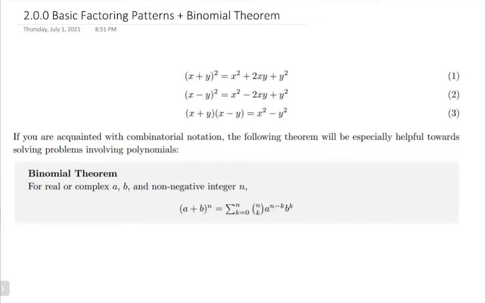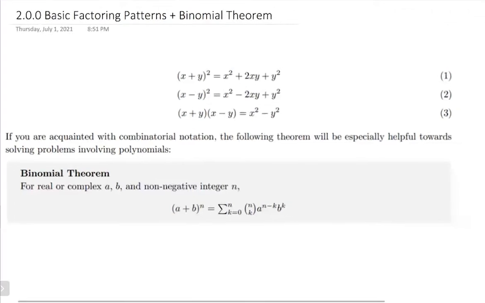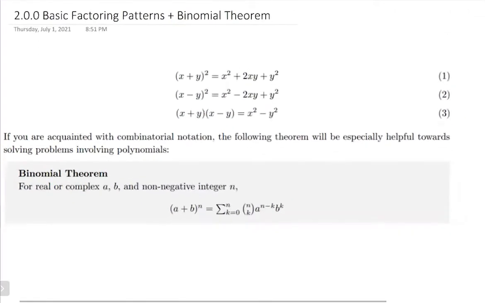So let's do a really quick example. Let's try to do x plus 1 cubed. If you don't know what x plus 1 cubed is off the top of your head, you can use the binomial theorem. So you have a is equal to x and b is equal to 1 and n is equal to 3.